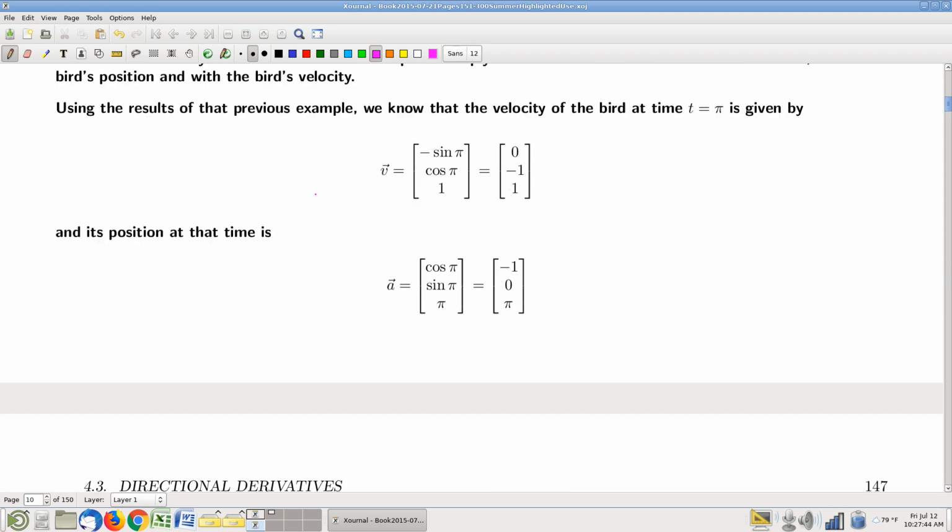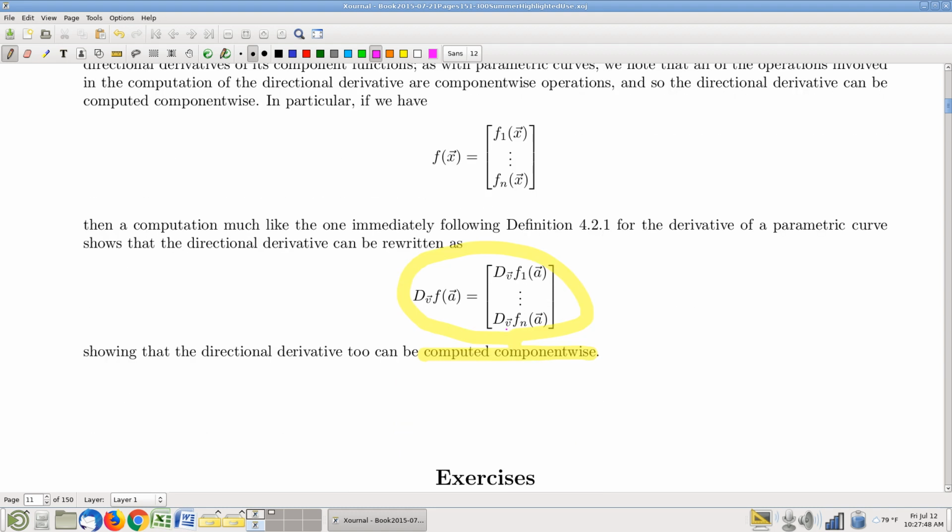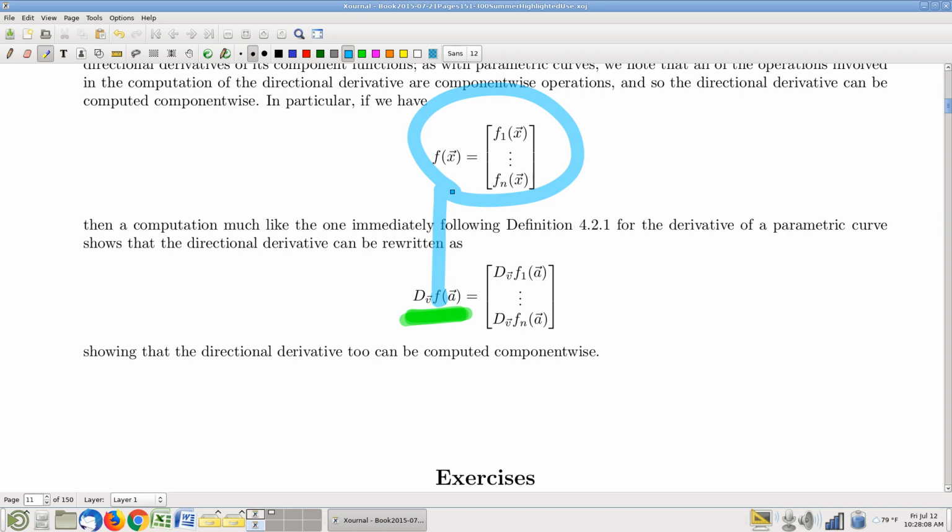So there's more examples in here. I'm going to let you all read the more examples. I do want to point out one last thing before we go on to unit directional derivatives, and that is that if you have a vector-valued function like so, directional derivatives of a vector-valued function can be computed component-wise.